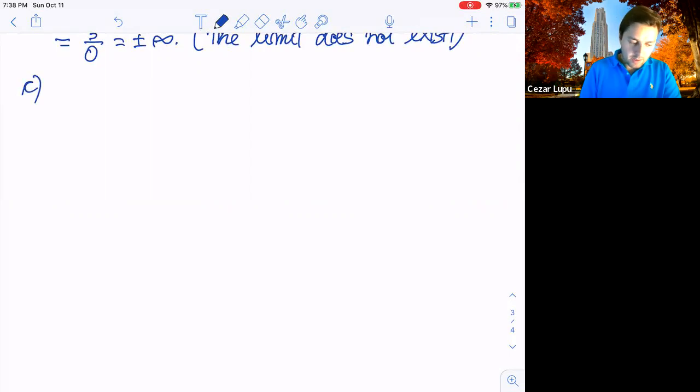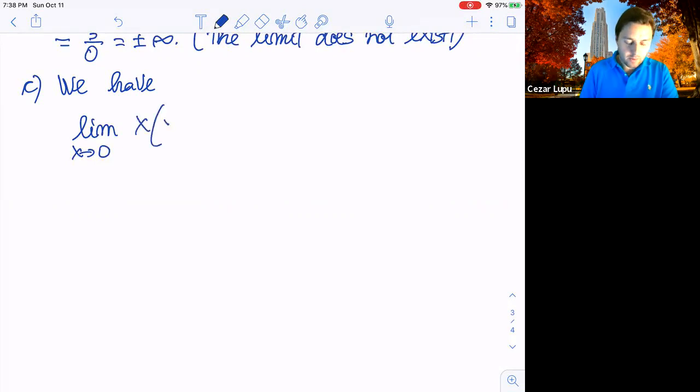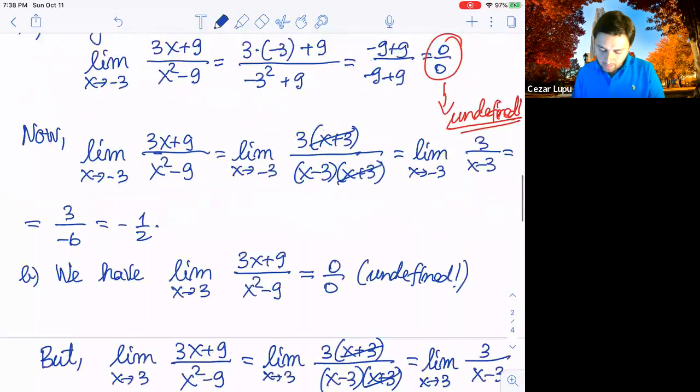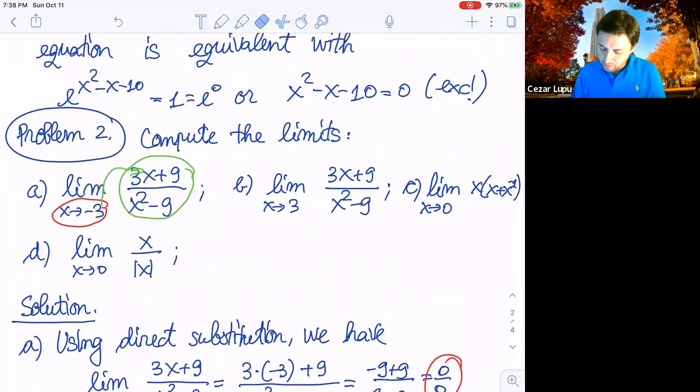So we are interested in, well, again, let's write this limit. Lim as x approaches 0 of x times, sorry, I think it was 1 here. Let me check. Here it's 1, not x, sorry about that.